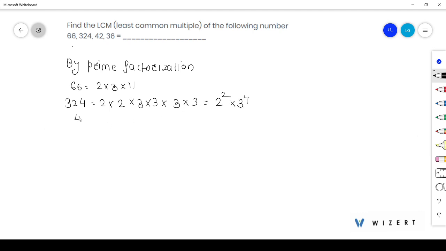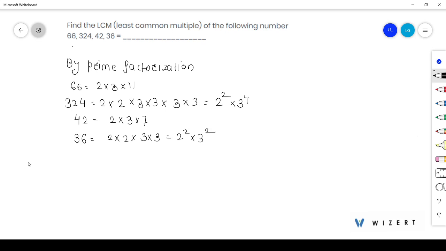Then the prime factorization of 42 is 2 into 3 into 7, and the prime factorization of 36 is 2 into 2 into 3 into 3, that is 2 square into 3 square.